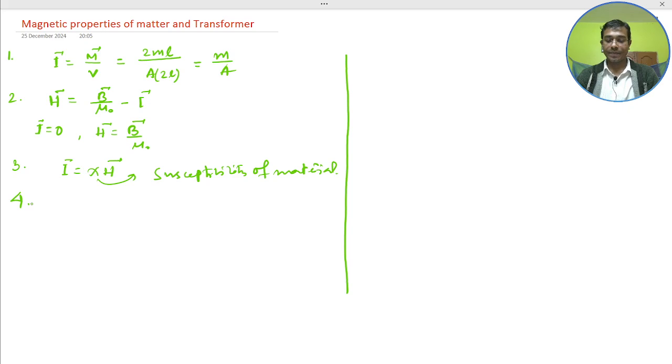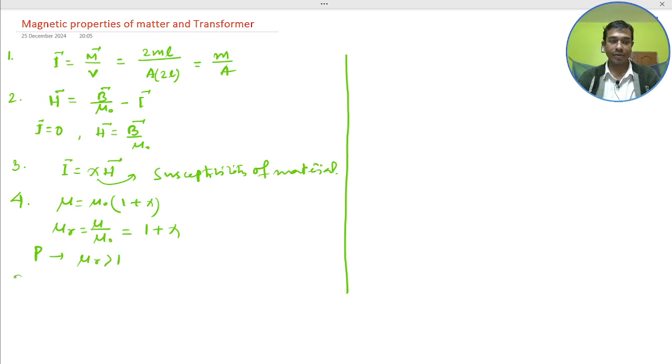Next, the permeability is equal to mu naught times 1 plus chi, and the relative permeability mu r is written as mu by mu naught, equal to 1 plus chi. For a paramagnetic system, mu r is greater than 1. For diamagnetic, mu r is less than 1, and for ferromagnetic, mu r is of the order of 1000.